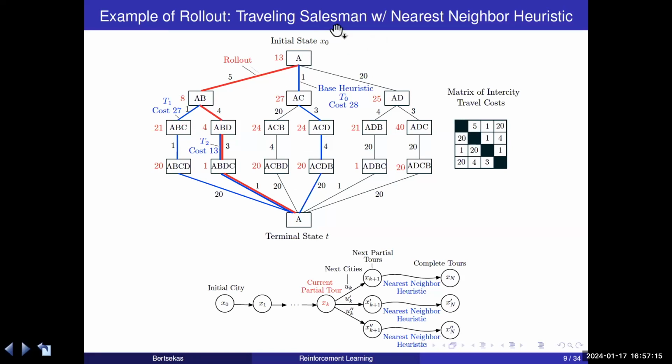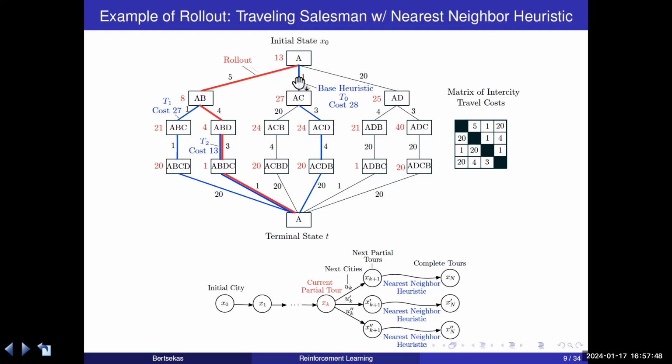So let's apply a rollout in this problem. We start at the initial state, arbitrarily taking city A. We look at all possible controls, all possible choices, and we run the base heuristic from there. So from AB, we run the base heuristic, and we get a total cost of 27. 5 plus 1 plus 1 plus 20 is 27. And so that's the Q factor associated with this choice.